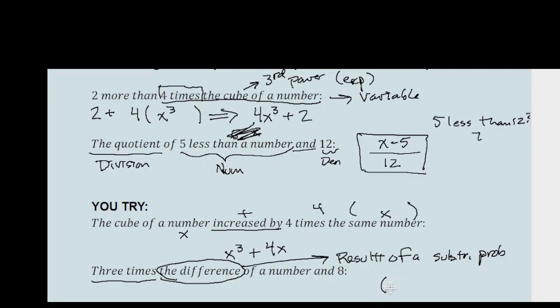You use parentheses. So the difference of a number and 8 is going to be written as x minus 8. Difference is subtraction, a number is your x, and 8 is 8. So x minus 8. Then we're going to multiply that result times 3, so we put our 3 right here, and that gives you your answer for that one.